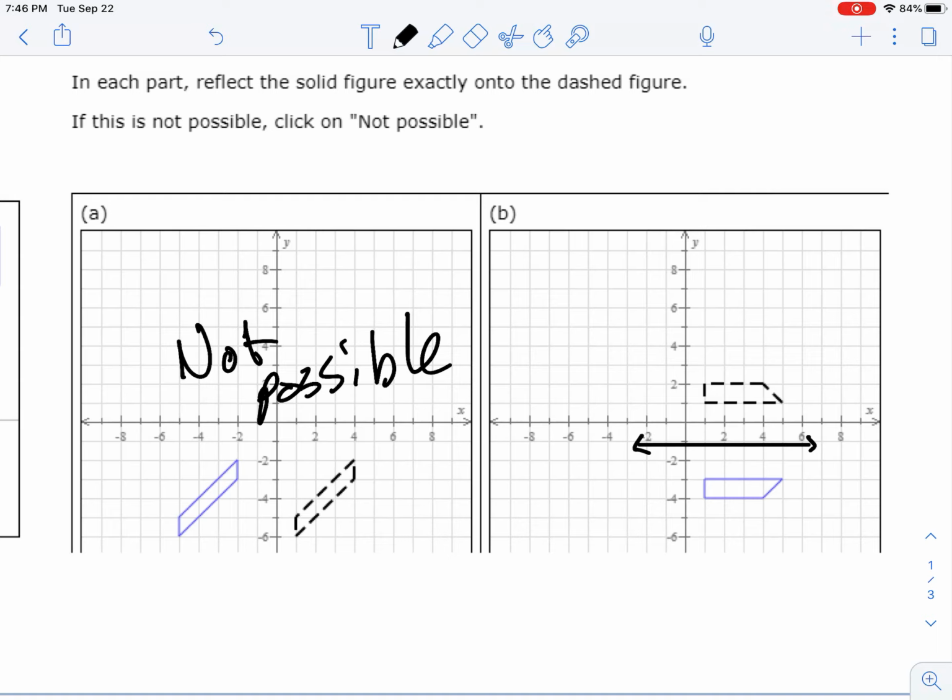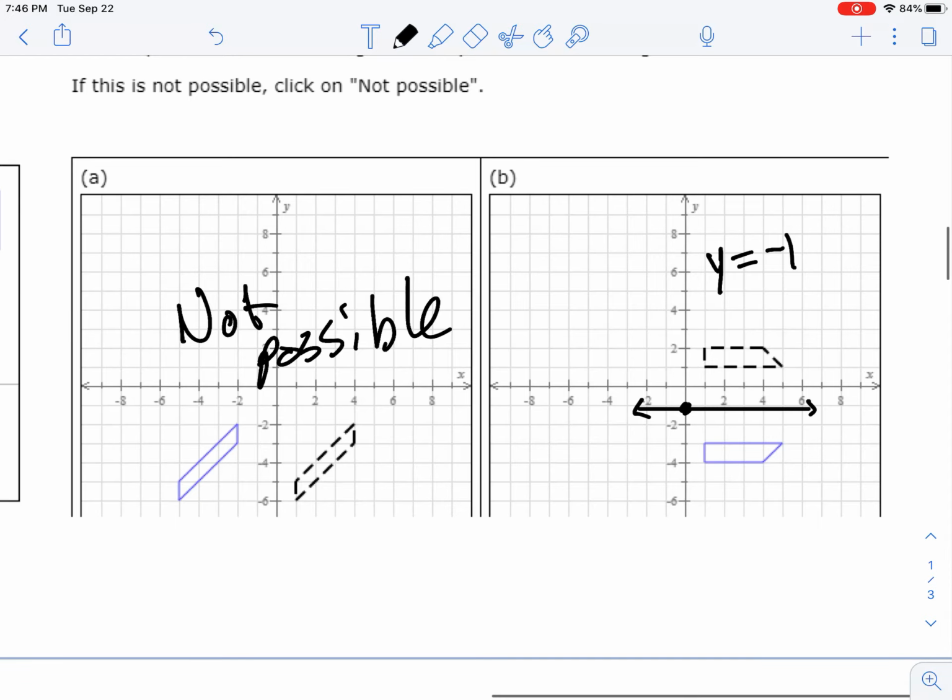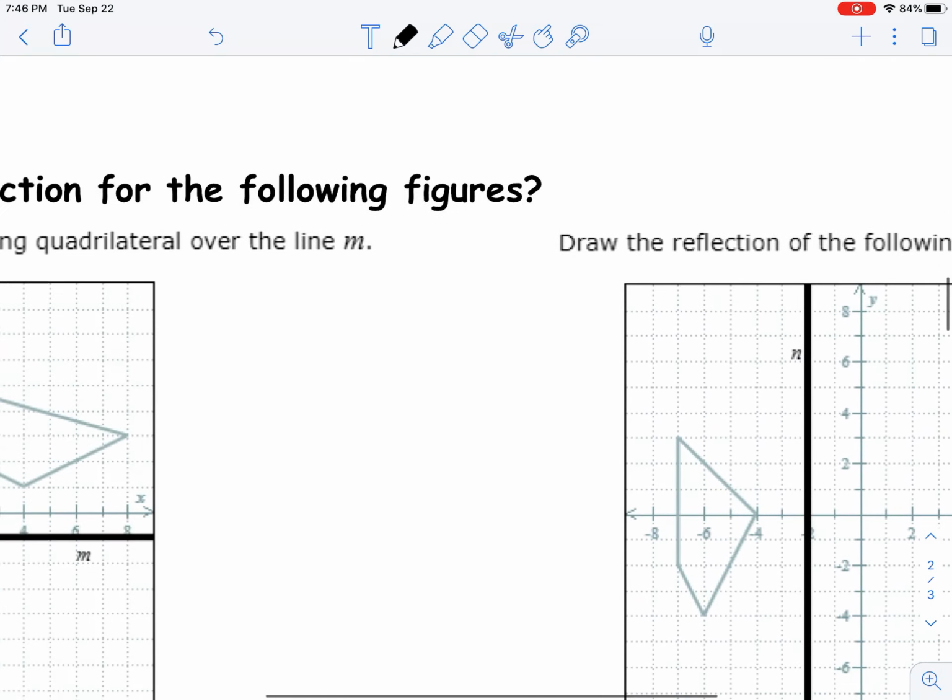If I gave this line a name, since it's crossing the y-axis at -1 and it's horizontal, it would be a y equals -1 equation. Again, if it was this as the line of reflection like that right there, it would be an x equals -8 equation because it goes through the x-axis at -8. So this is just a y equals -1 equation, and it is a reflection.